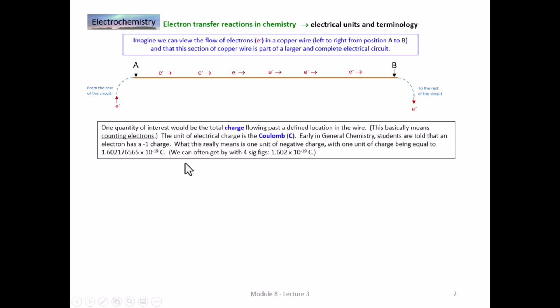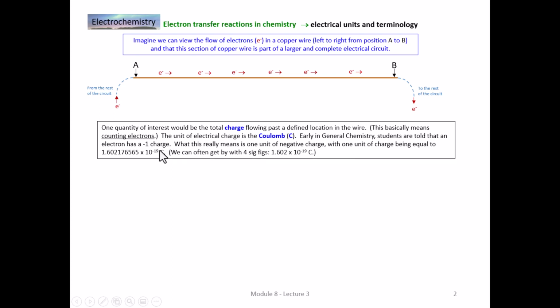Now, one quantity of interest would be the total charge flowing past a defined location in the wire. What this means is that we basically will be counting electrons flowing past a defined location in the wire. The unit of electrical charge is the coulomb. Now, early in general chemistry, students are told that an electron has a -1 charge.